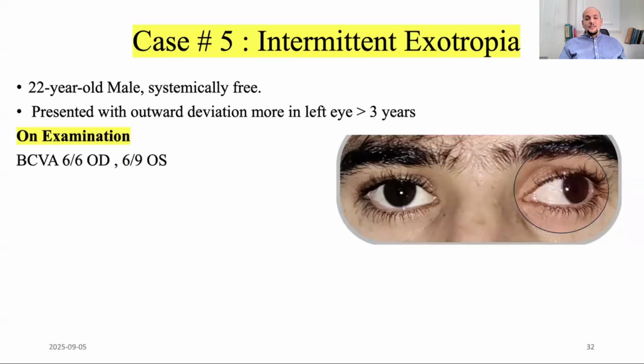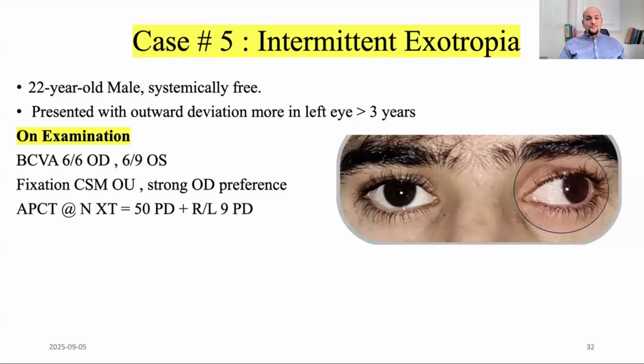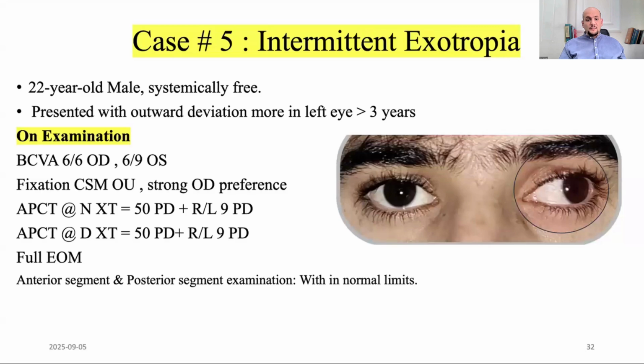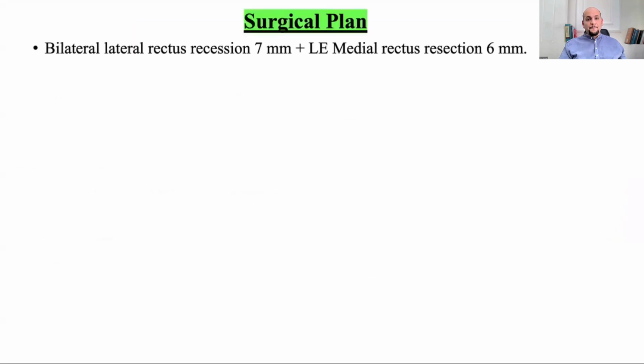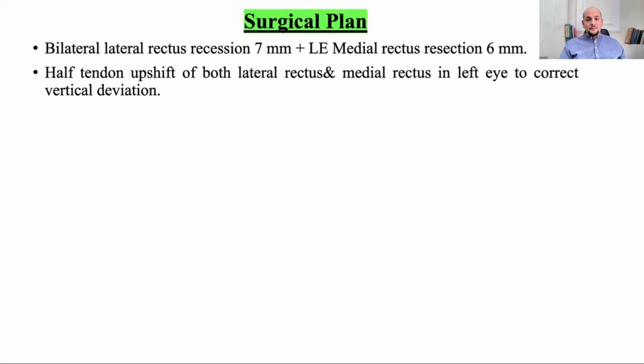On examination, vision is good, fixation is good with right eye fixation preference, exotropia of 50 prism diopters with right hypertropia of 9 prism diopters at near and at distance, with full extraocular motility, no oblique overaction, and no fundus torsion. I did bilateral lateral rectus recession of 7 millimeters with left medial rectus resection of 6 millimeters to correct the exotropia of 50 prism diopters.